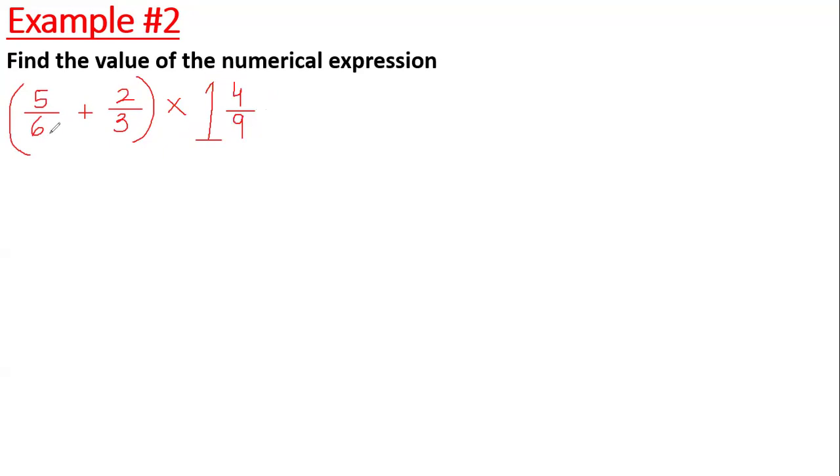So what do we have? We have 5 over 6 plus 2 over 3 multiplied by 1 and 4 over 9.